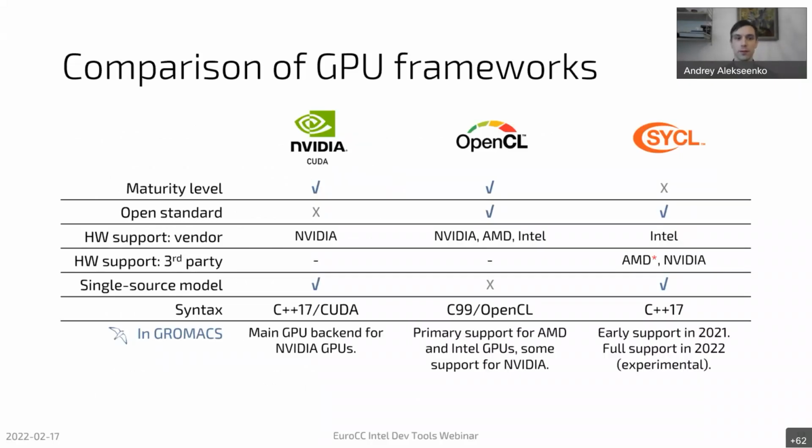So a bit more on that. If we compare all the frameworks, SYCL has the benefits that, like OpenCL, it is an open standard. It has support for hardware by all three major GPU vendors. It's a single source model with modern syntax, unlike the widely supported subset of OpenCL. So SYCL looks like a nice future compatibility layer in GROMACS.